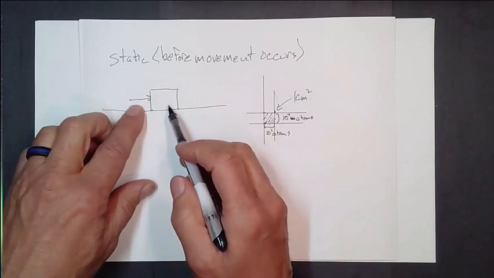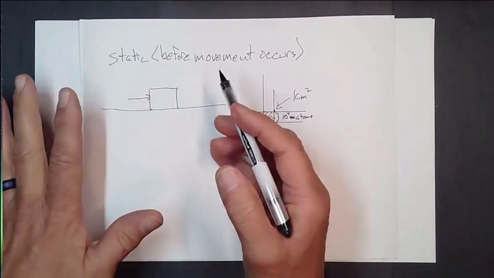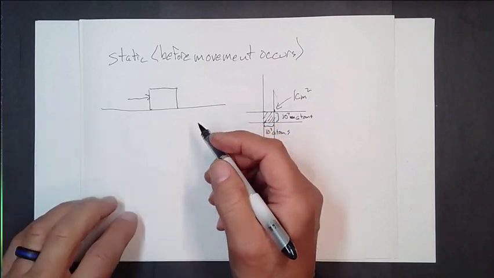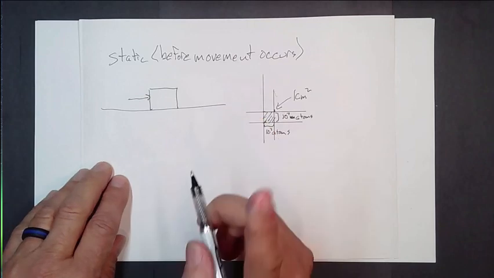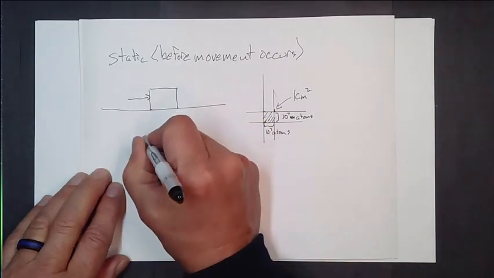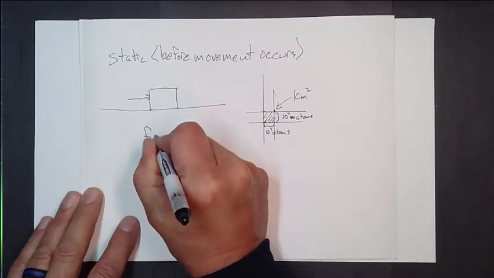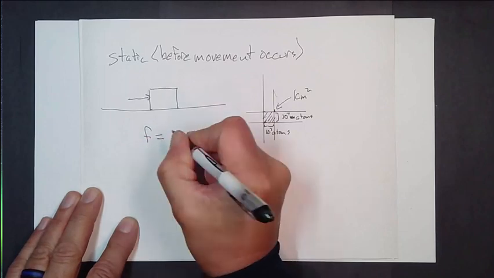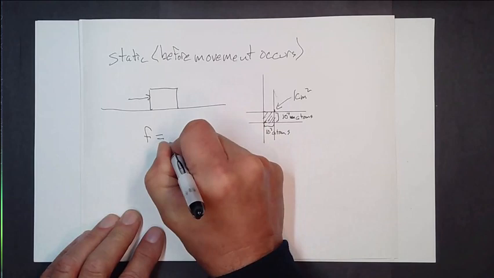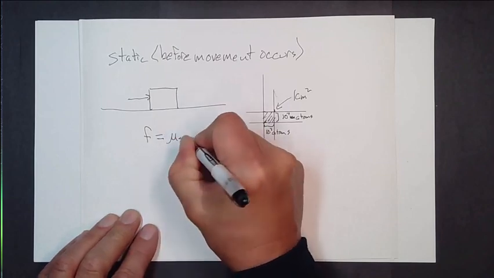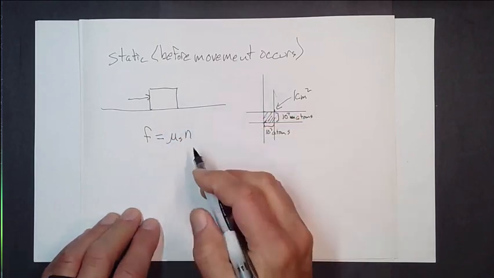That static frictional force is a variable force, but it'll have a maximum value. Experimentally we have discovered that the magnitude of a frictional force, and it's not very precise, but it's the best we can do, is proportional to the normal force.